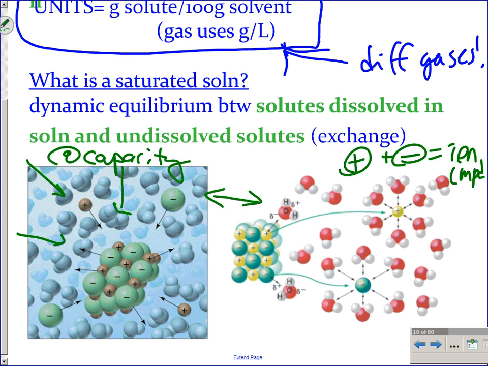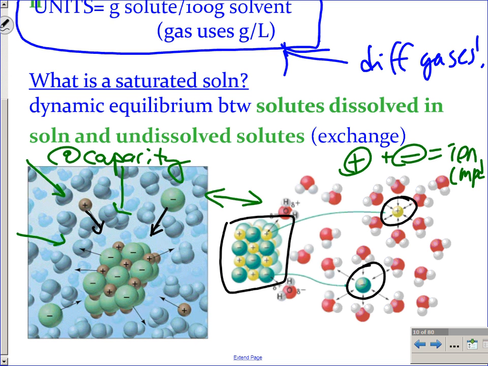So these two diagrams kind of tell the whole story. As the solute, which is here, the lattice structure, goes into solution, water starts to attack it. And as water attacks it, it dissolves into cations and anions. They'll stay out away from each other, but then occasionally a cation and an anion can come back together and reform some of the solid.